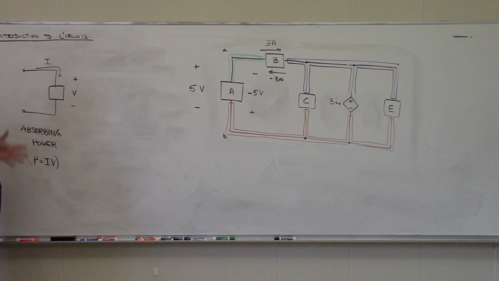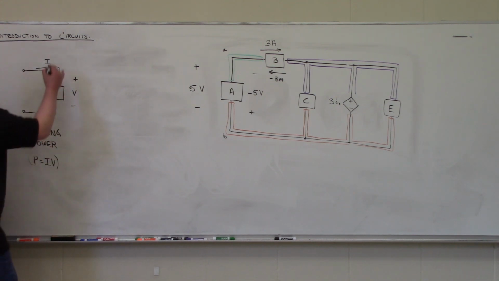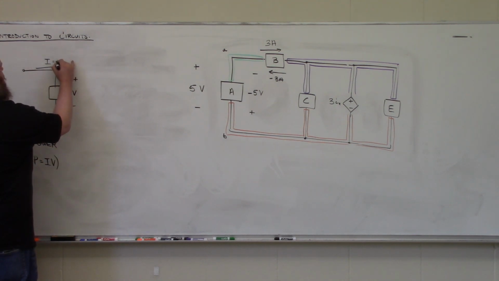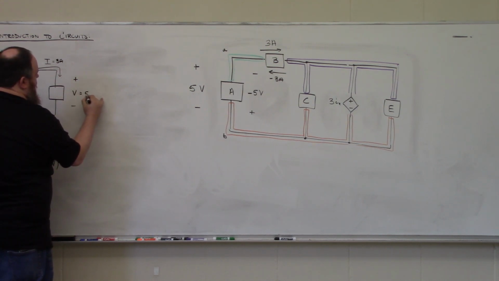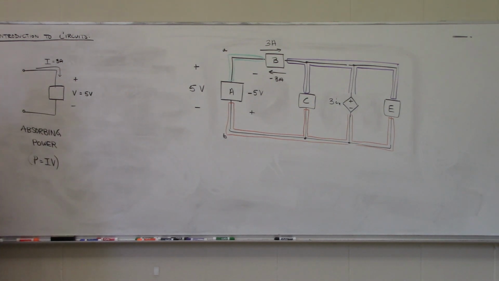So, for instance, if this were 3 amps, and this were 5 volts, then this particular element would be absorbing 3 times 5, 15 watts of power.